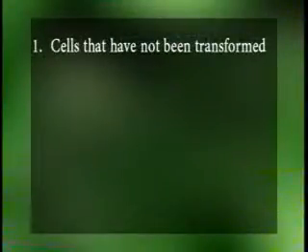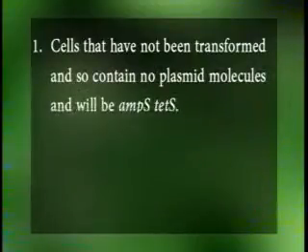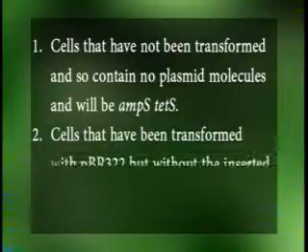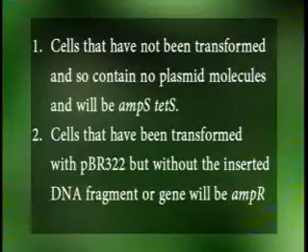Thus, 3 types of cells are obtained. Number 1, cells that have not been transformed and so contain no plasmid molecules will be ampicillin sensitive, tetracycline sensitive. Number 2, cells that have been transformed with pBR322 but without the inserted DNA fragment or gene will be ampicillin resistant, tetracycline resistant.